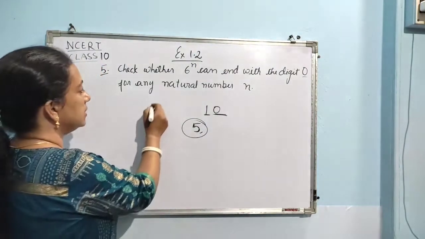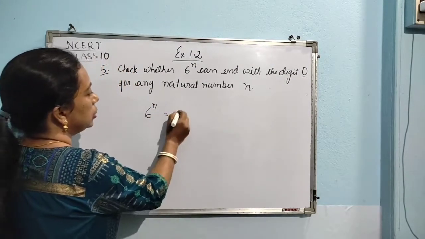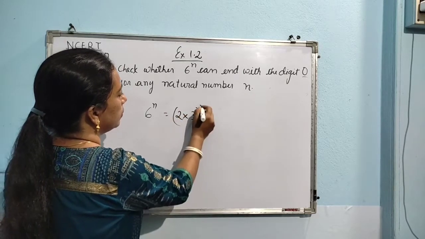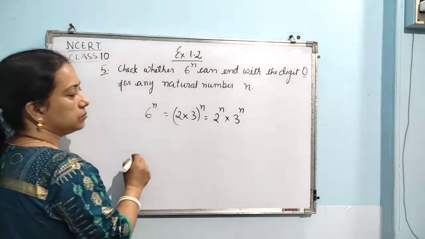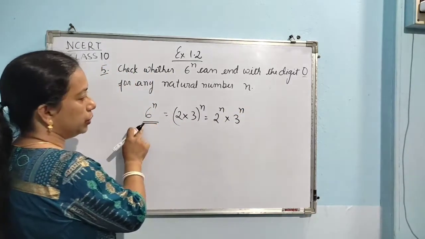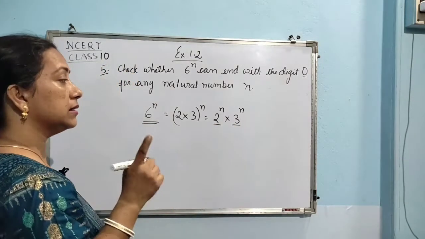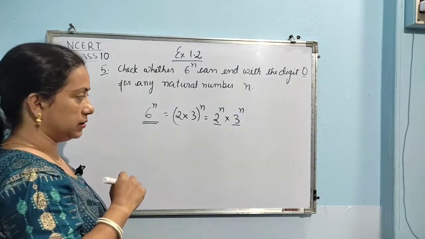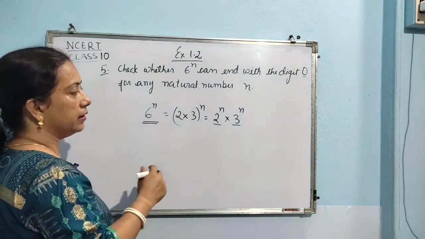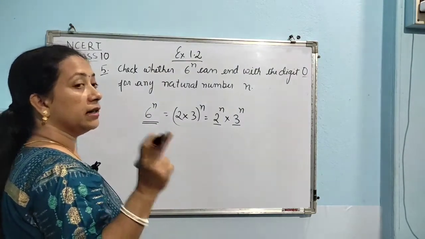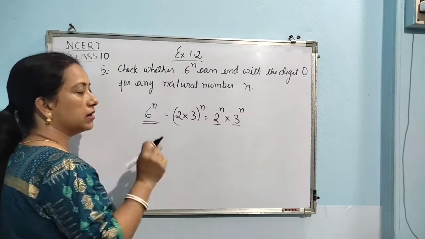Now in this case, see 6 to the power of n, what can we write? 6 to the power of n can be written as 2 into 3 whole to the power of n. It means 2 to the power of n and 3 to the power of n. Now what does this mean? That when I am doing the prime factorization of this number, I am getting only 2 and 3 as its prime factors. And by the fundamental theorem of arithmetic, which we have discussed earlier, there exist unique prime factors, isn't it? Though their order may be changed, the prime factors will be unique.